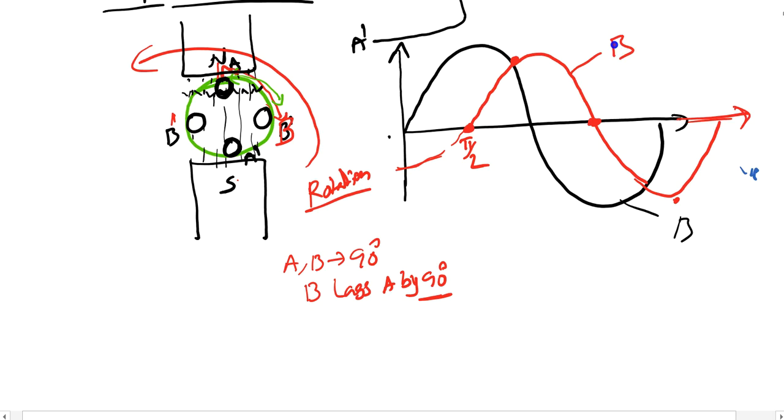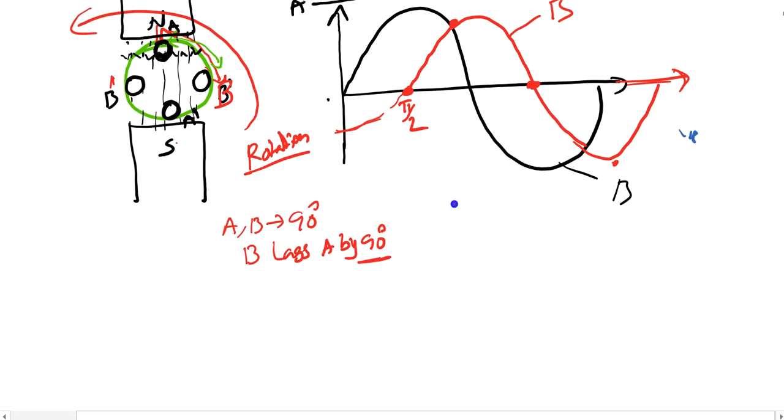Now will you write what is the EMF generated by a coil? The EMF generated with respect to the A coil, or A conductor, is Em sin omega t. But what is the EMF generated with respect to the B coil here?